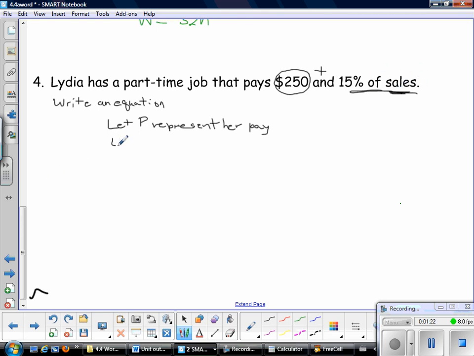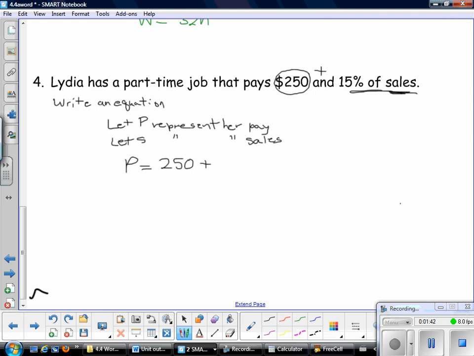So let's let S represent her sales. So I know that her pay, she's automatically, even if she doesn't sell anything, going to get $250. And then she's going to get 15% of her sales.